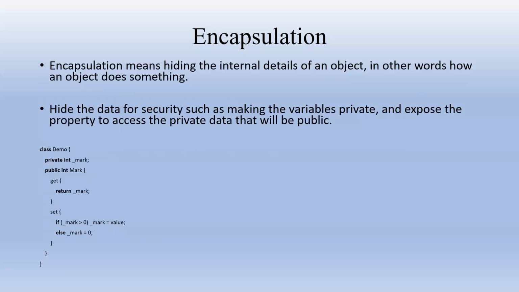Here you can see we have a class demo. We have defined a private variable mark. Then to access that variable outside the class, we have defined a public property for it. This property will have the accessors get and set. So we define a public property so that outside classes or users can access this private variable, which is mark.